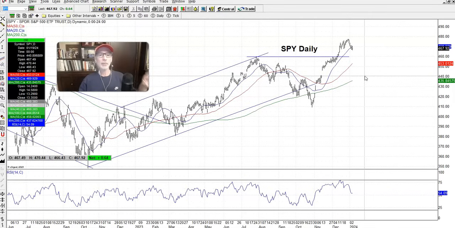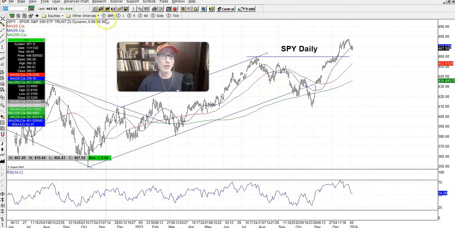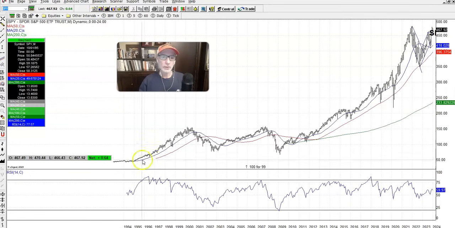Why? Because the stock market always goes up over time. Okay, that's just how it works. If you look at a long-term chart, let's go out to the monthly chart on the S&P 500, the market just goes up over time. Now, my chart only goes back to 1993 or so. Obviously, the market's been trading a lot longer than that.